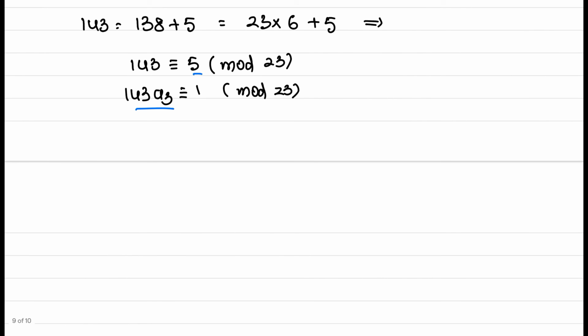From these two, we get 143 A3 equivalent to 5.